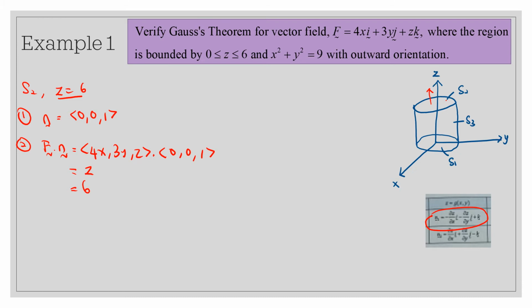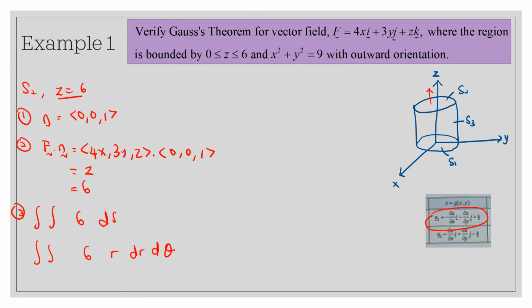Okay, step number 3. Okay, you can substitute in the double integral formula. F dot n is equal to 6 dS. So dS here you can refer to polar coordinate of plane. So you will get dS here is 6 r dr d theta.